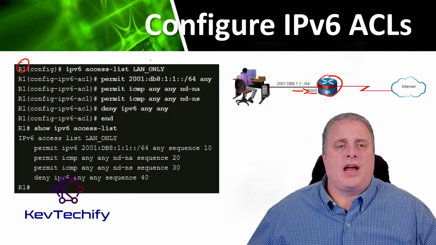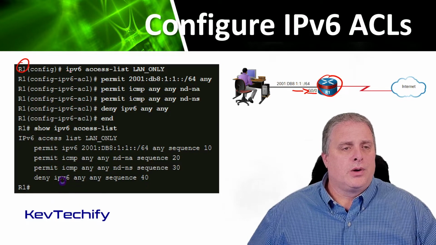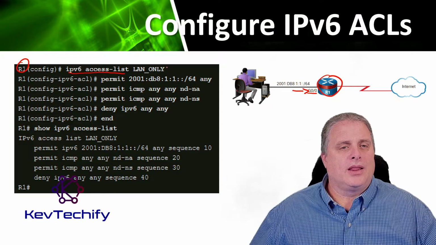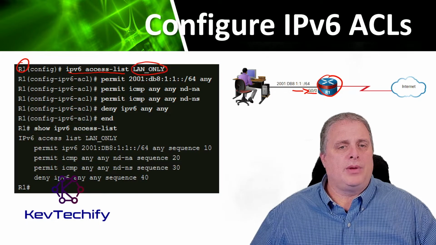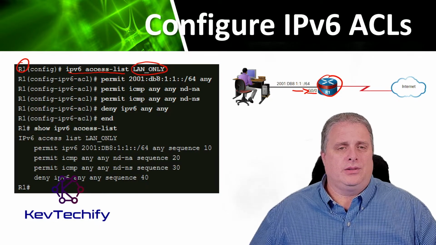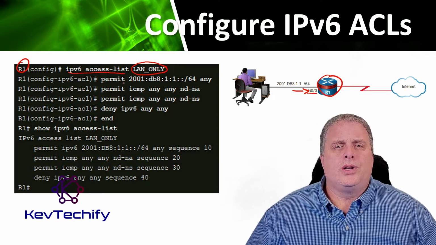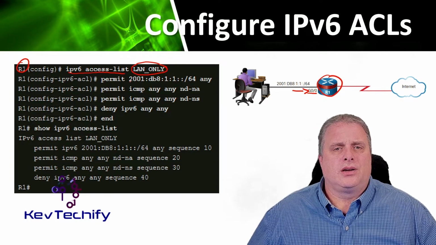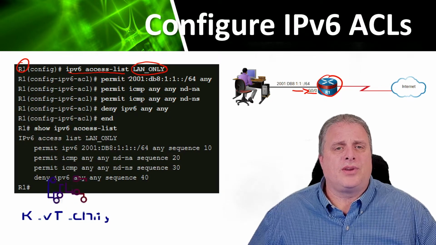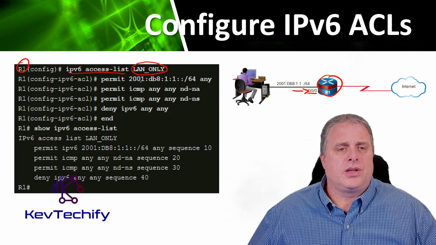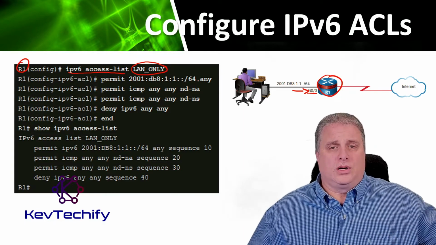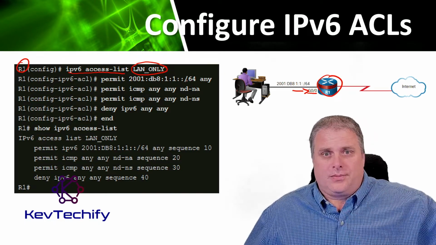We created our IPv6 access list. We named it LAN ONLY. We followed the naming convention, all capital letters here. What we're doing here is permitting all inbound traffic from the 2001:DB8:1:1 network to access our device.